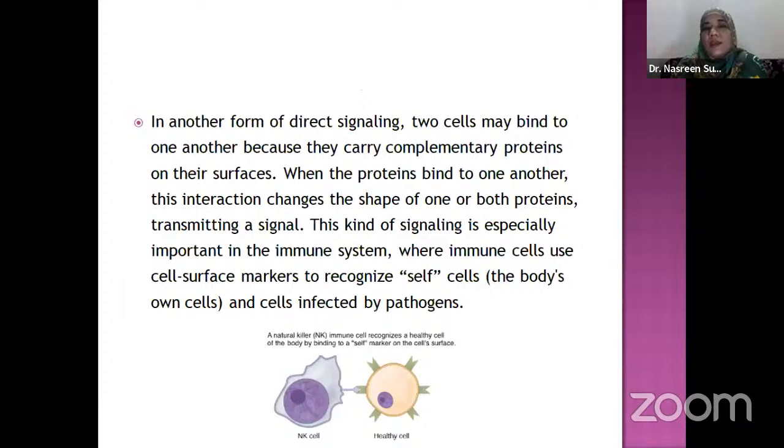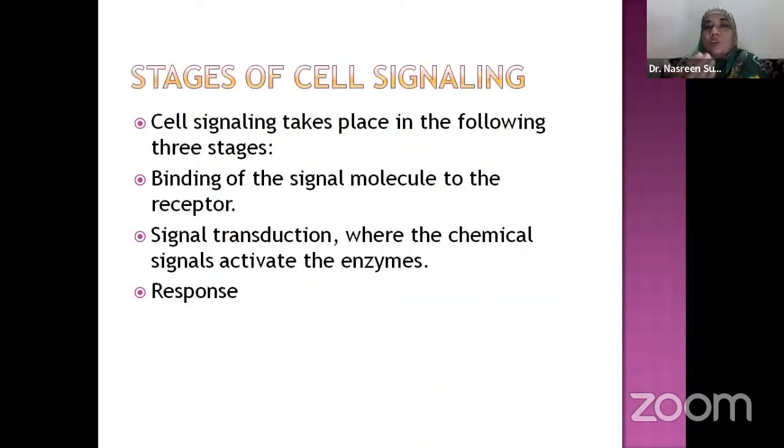Next, the stages of cell signaling. How will a cell signal? A sending cell gives a signal. That signal should go and bind to the receptor.